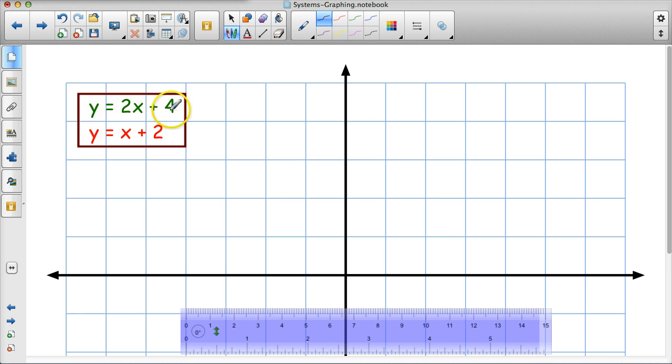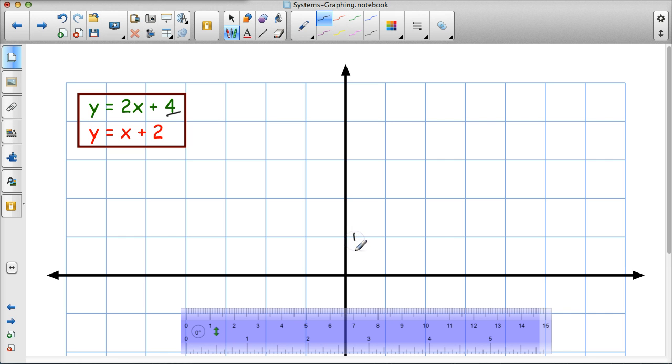Notice that the green equation is in slope-intercept form, so I want to graph it using that form of equation. So I start by graphing the point 0, 4. In order to do that, I have to have a scale on my graph. So I need to label the scale on my graph. So I'm going to count by ones.